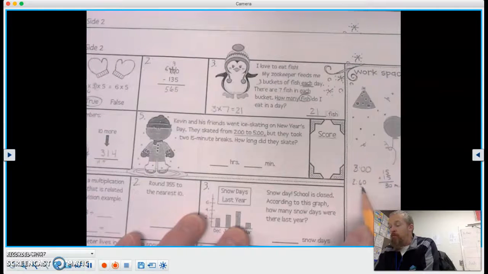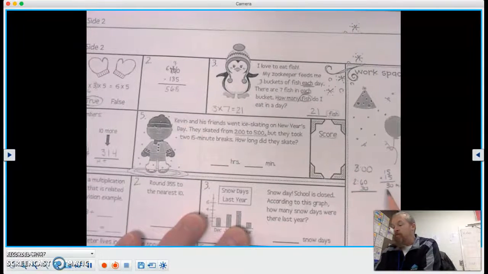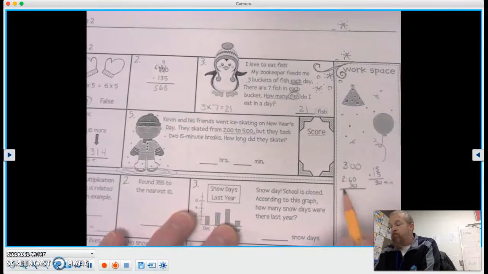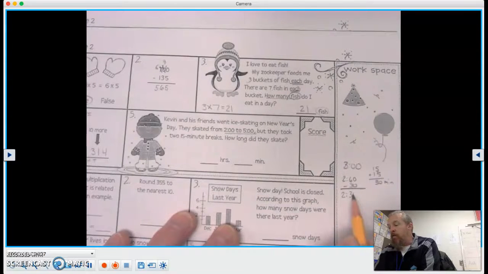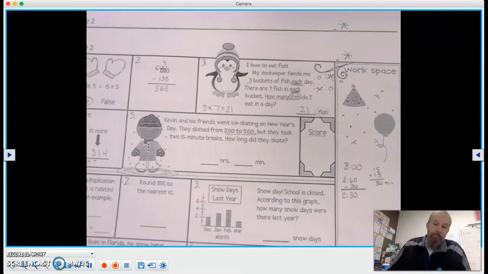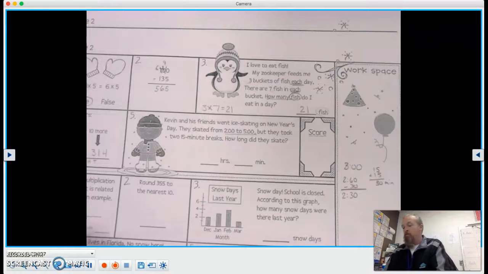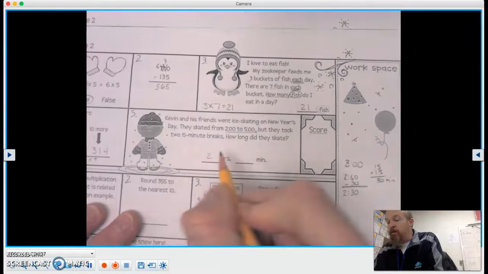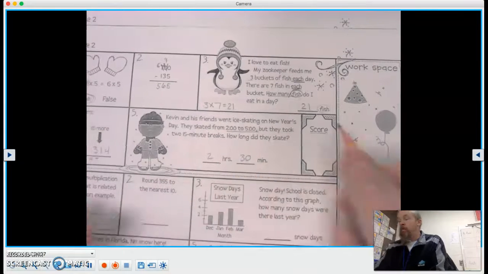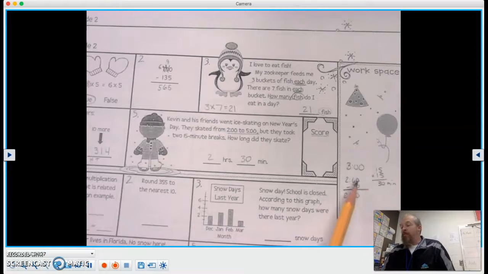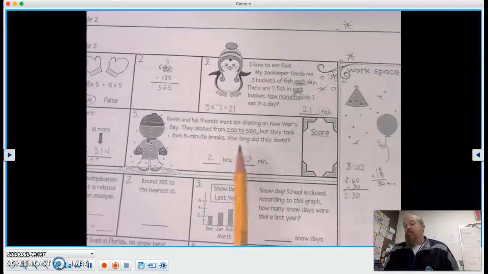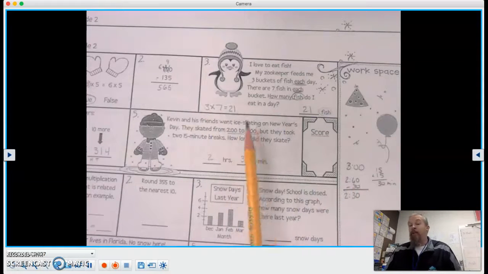Now we're going to take away those 30 minutes, okay, that they rested. So it's going to be 2 hours and 30 minutes. Okay? So that is our answer. 2 hours, 30 minutes.